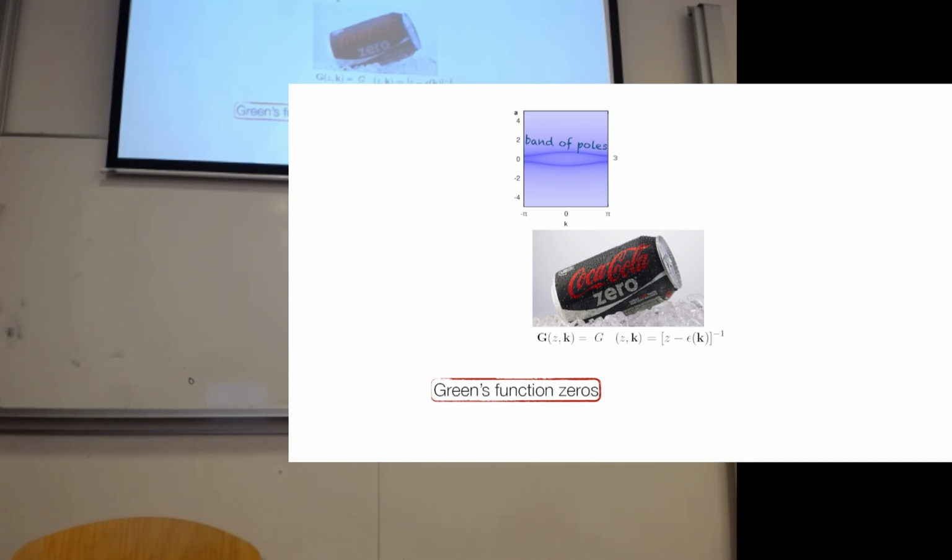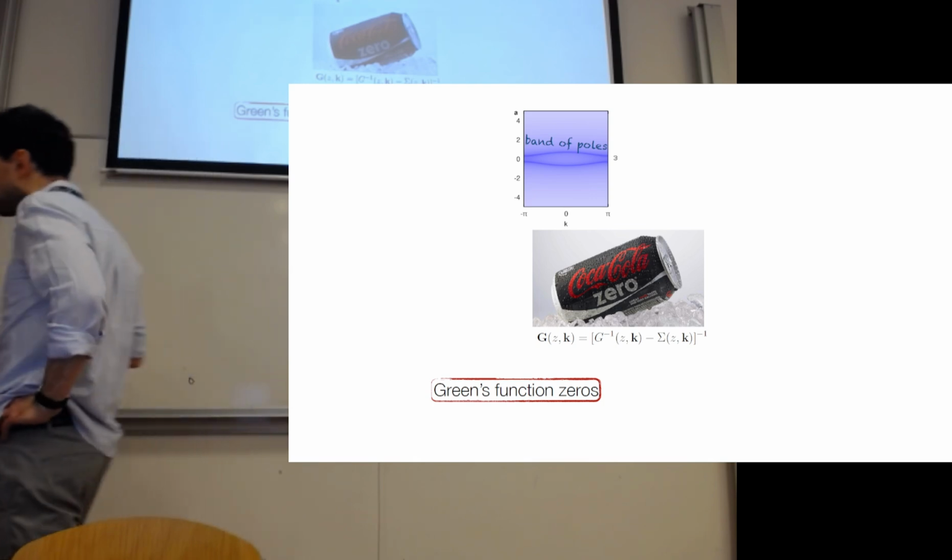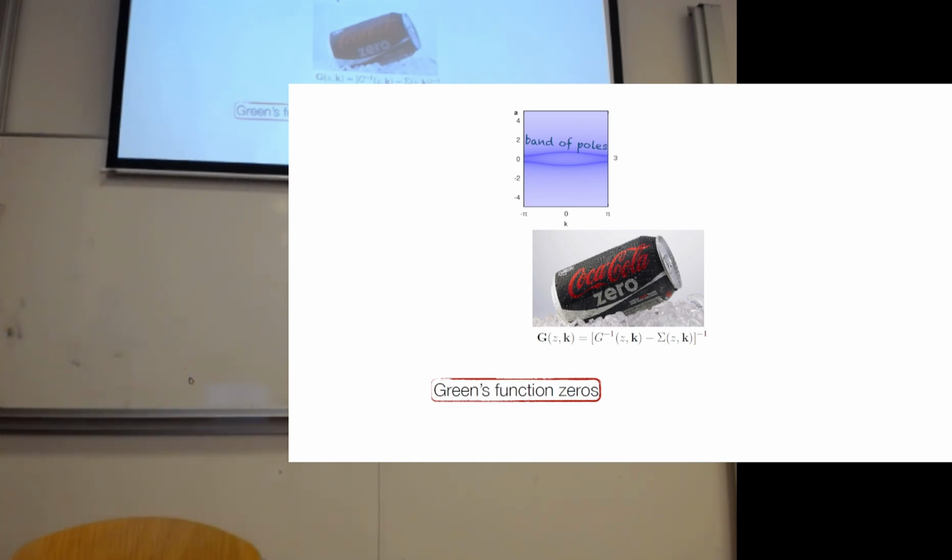Now, in interacting systems, the Green's function is more complicated, but still you can ask a question about just a two-point correlator. And a two-point correlator has all of the interaction effects shuffled into a function that is called self-energy. It's also a function of complex energy and k, if you have translational symmetry. And now we can have situations where the self-energy has poles, which means that the Green's function has zeros.